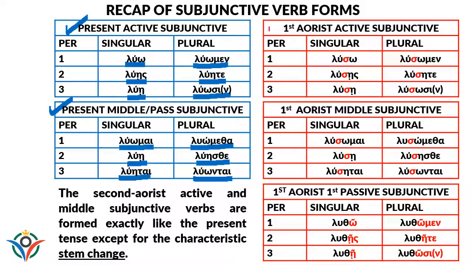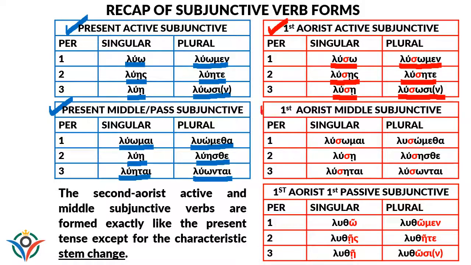Moving on to the first aorist active subjunctive forms, we have lusō, lusēis, lusēi, lusōmen, lusēte, lusōsin.